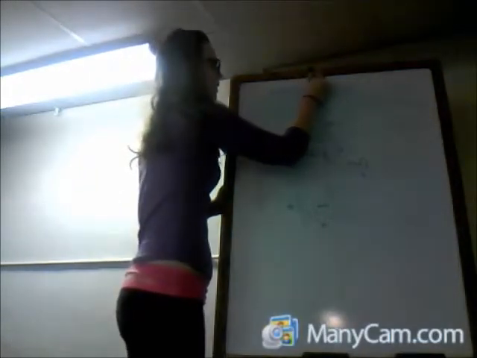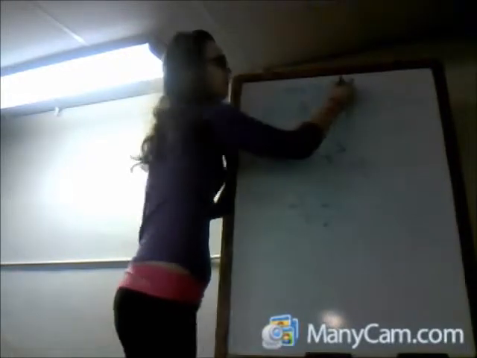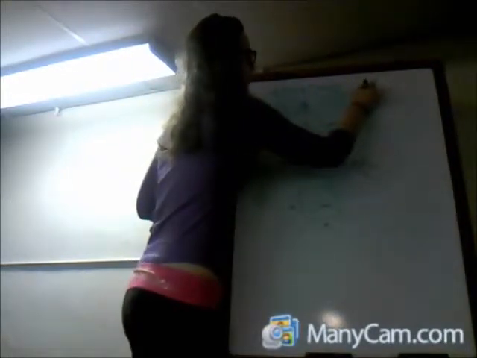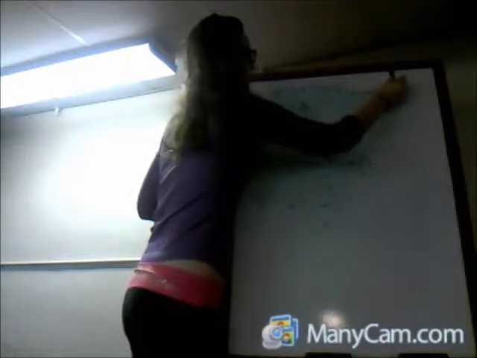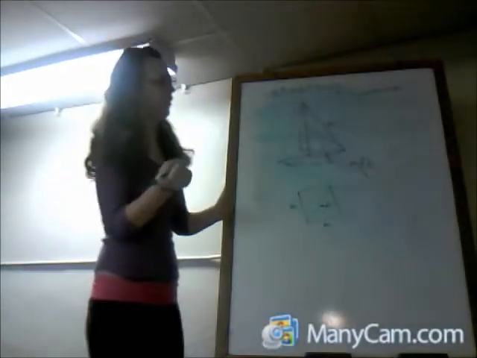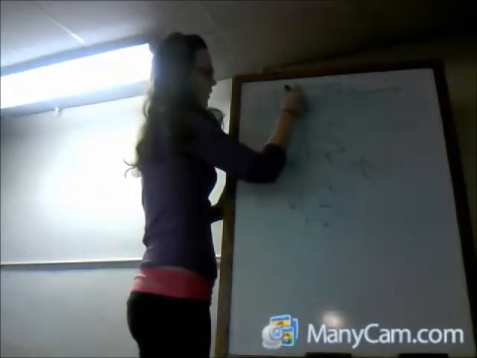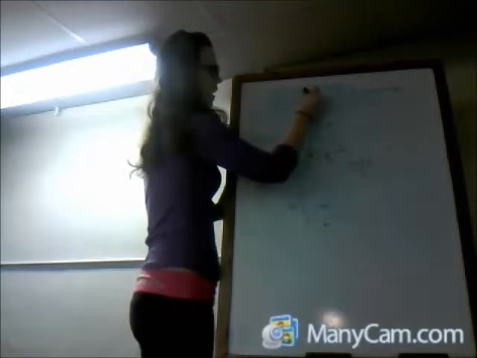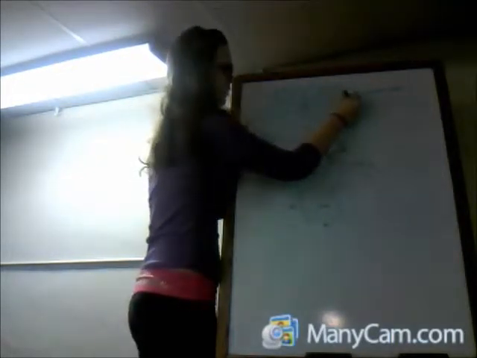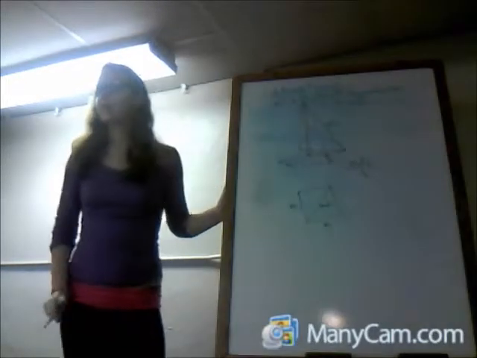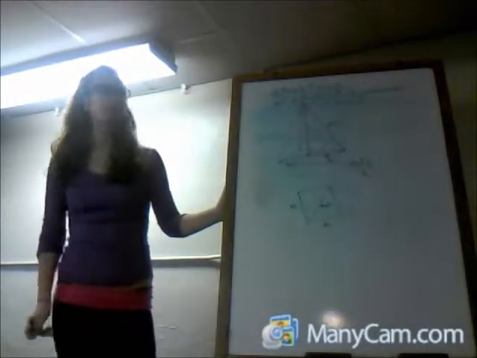And remember, c is always going to be the hypotenuse. So here, we're going to write h squared plus (m root 2 over 2) squared equals m squared.